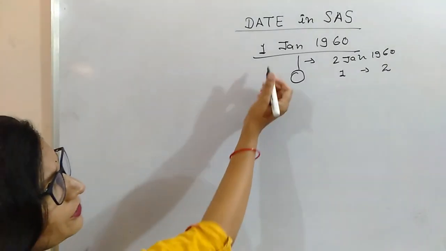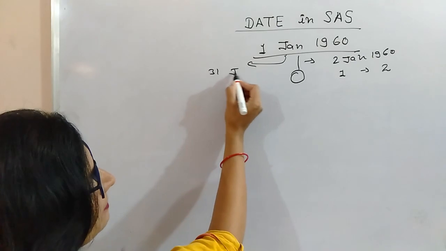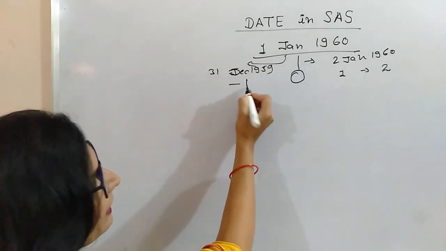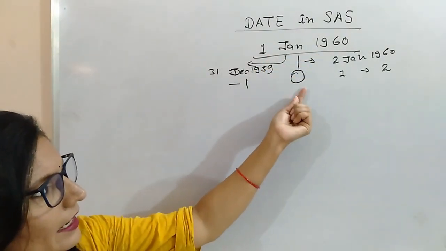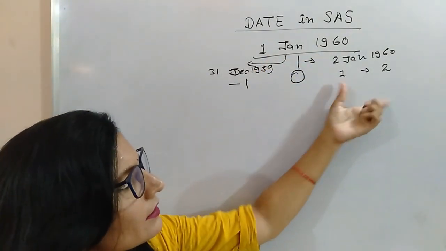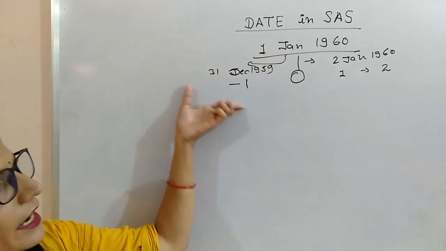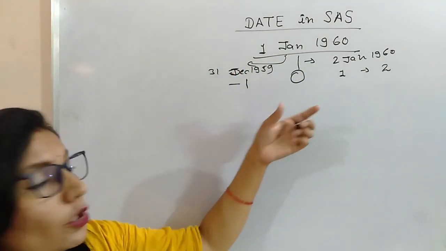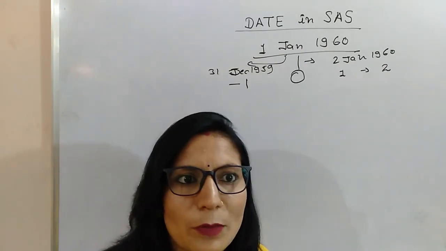And any date which comes before this date, let's say 31st December 1959, would be -1 for SAS. So this is the origin. Anything to the right side of it will be positive numbers, and anything to the left side of this origin date would be a negative value. So based on this, today's date will be some numeric number.